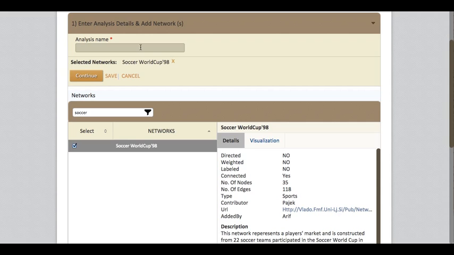And I'll name my analysis Soccer World Cup analysis just for probability degree distribution.